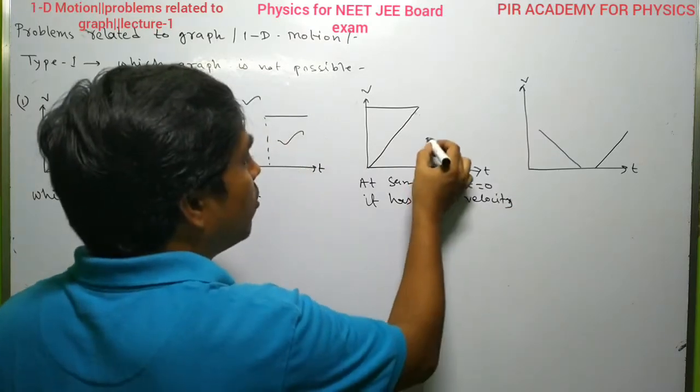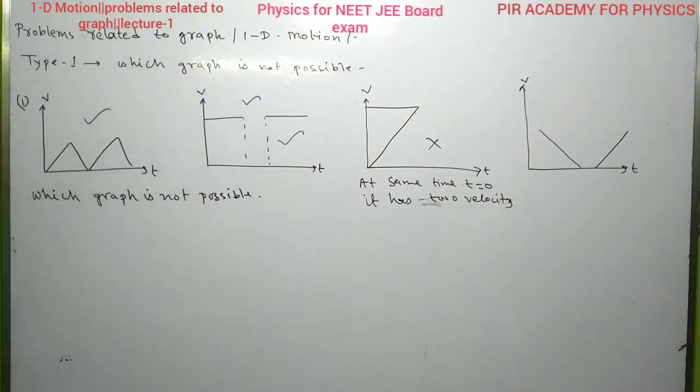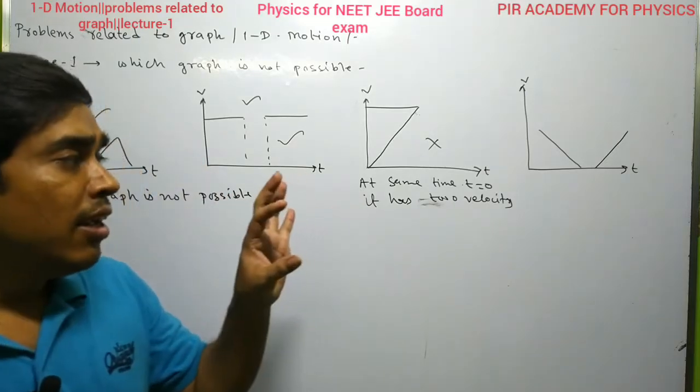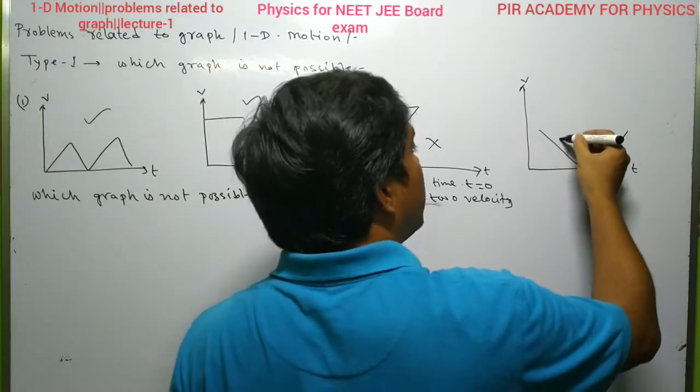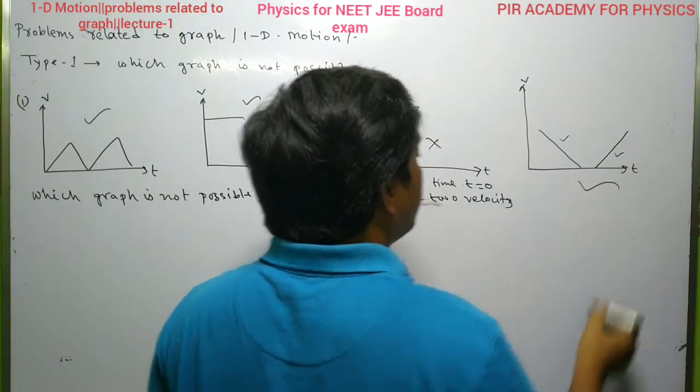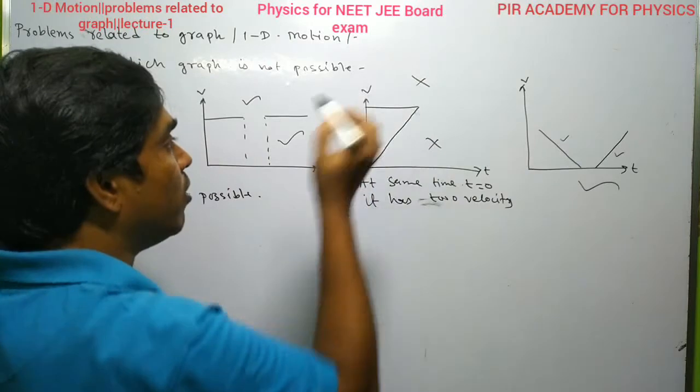So it is not possible, because a particle has only one velocity at a time. Here is a deceleration, here is acceleration, this is possible. So this graph is not possible.